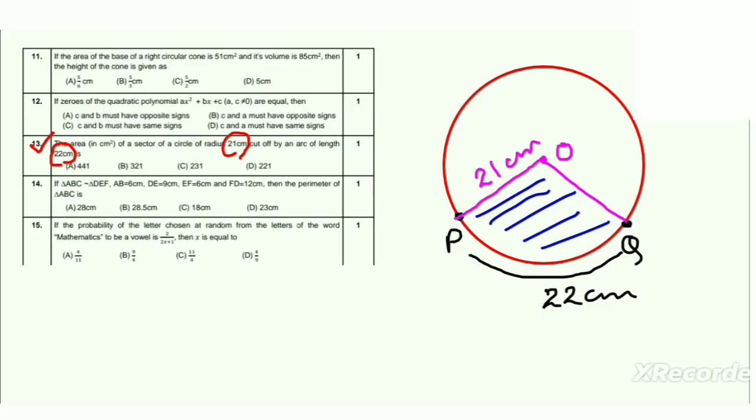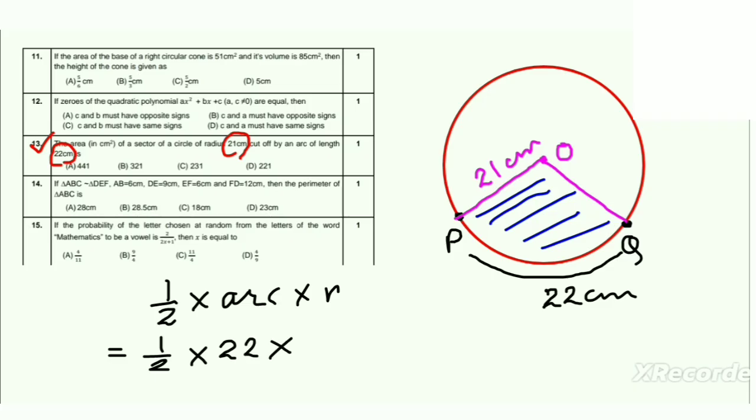And if we have an arc and radius, then we have a formula for finding the sector area, and that formula is 1 by 2 into arc into radius. Now let's solve. 1 by 2 into arc, given here as 22 centimeter, and radius is 21 centimeter. 2 ones are 2, 2 11s are 22.